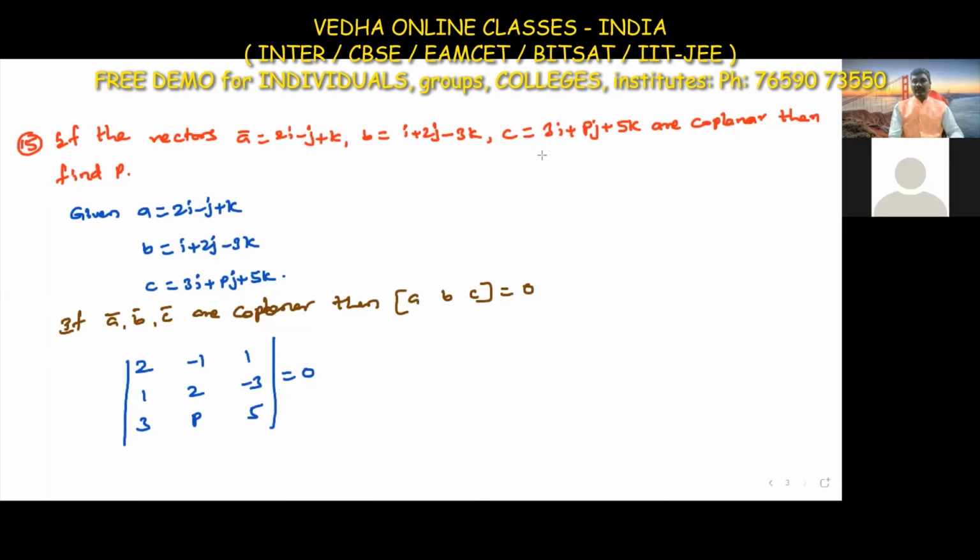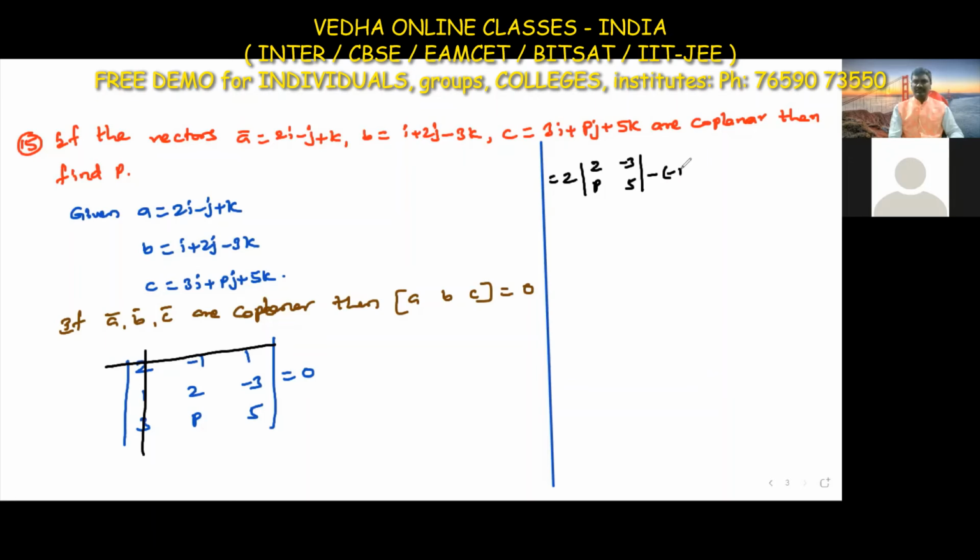So how do we expand? We expand along the first row or any row or column. Now I am expanding along the first row. Take the elements 2, minus 1 and 1. 2 into, close this row and column, write the remaining elements, that is 2, minus 3 and p, 5.